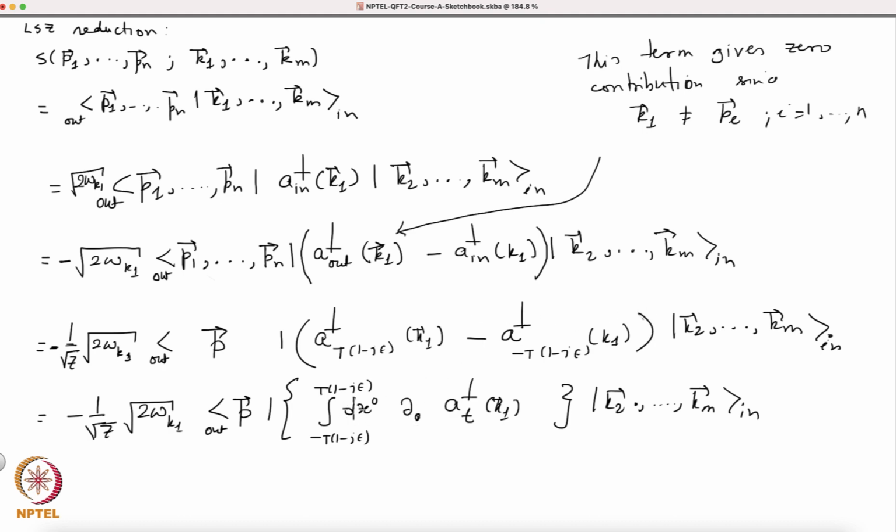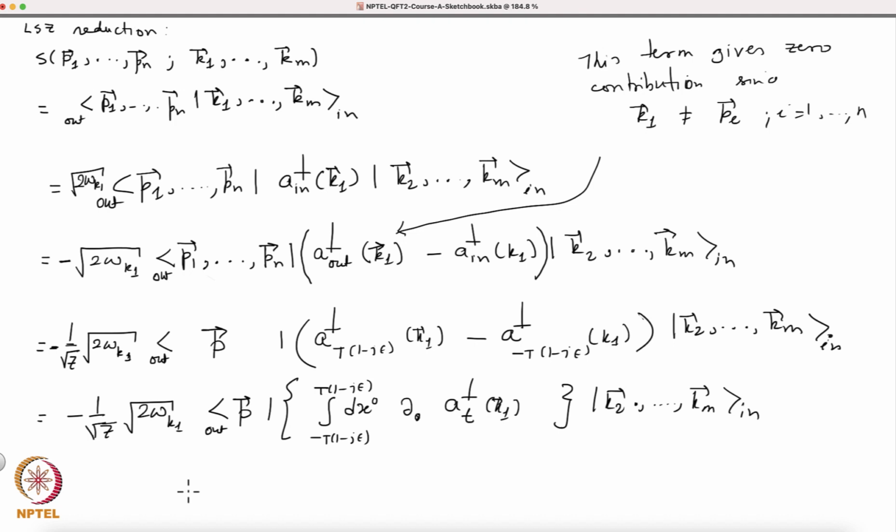Because once you have done the integral, you get a_t dagger, and you have to put the limits, and the upper limit is t1 minus epsilon, so that gives you this first term, minus this thing with the lower limit, which is this term. Okay, so this is identically true, and I am allowed to write it like this.